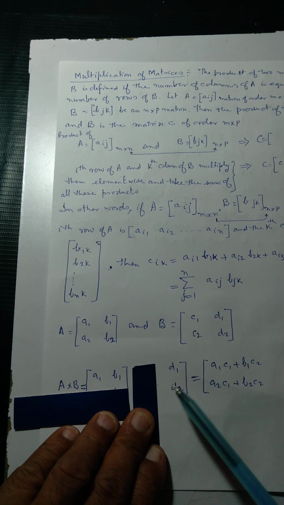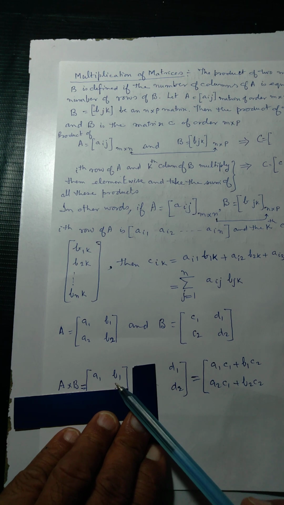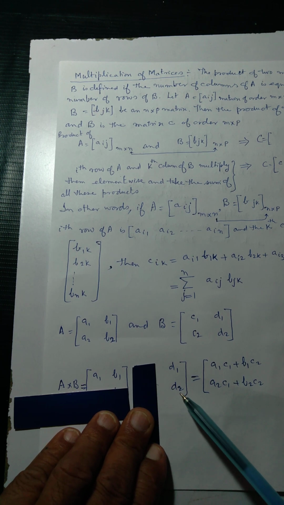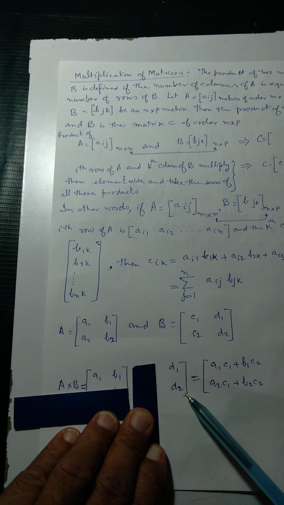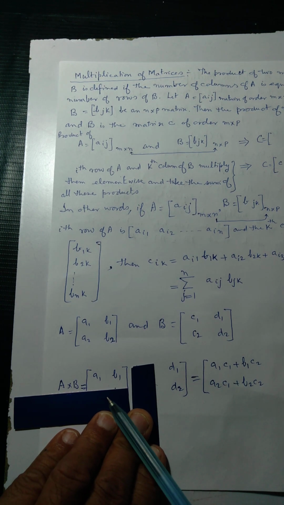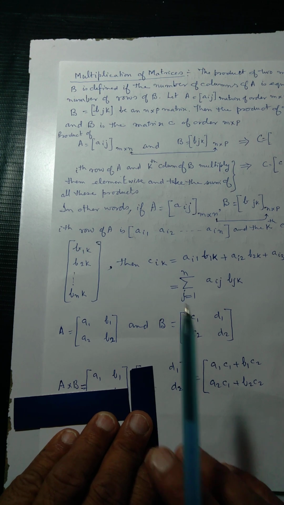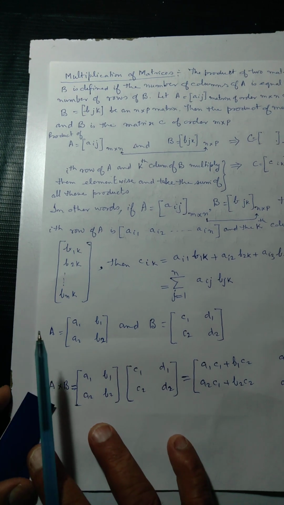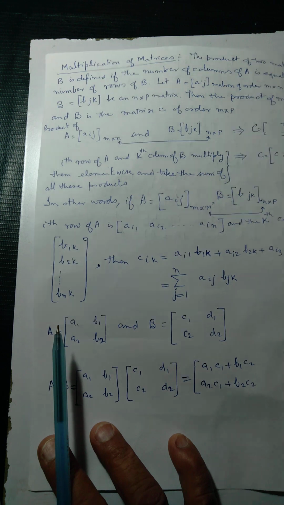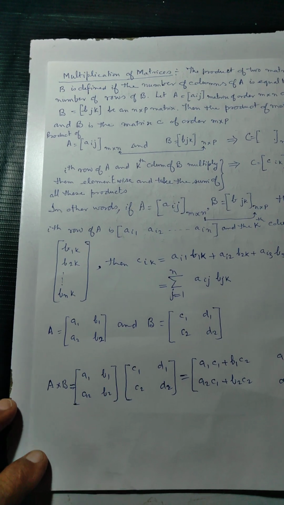So A1 will be multiplied to D1 plus B1 will be multiplied to D2 in order to get the second element of the first row of the result. In this way we will complete. Later on, just by practice, there will be no need of any paper help or any set square help.